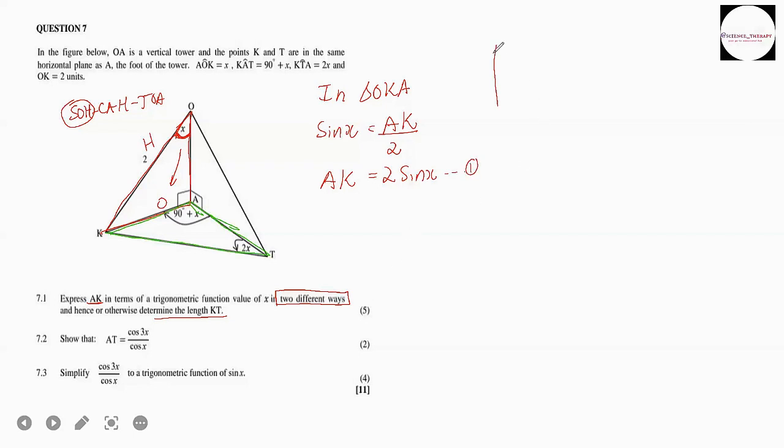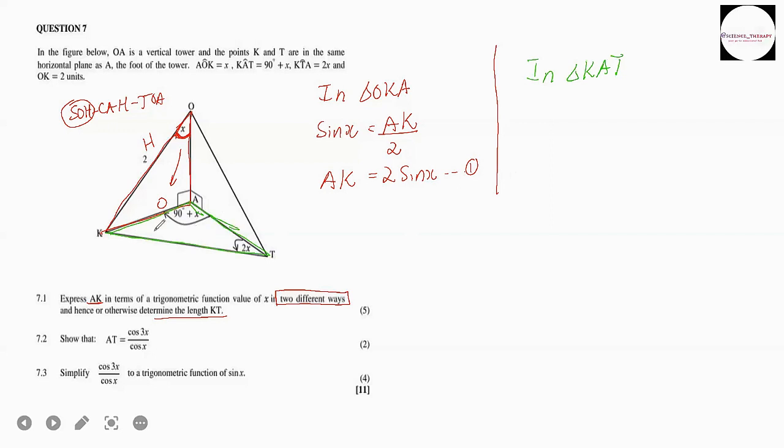But remember, we must express it in two different ways. So let's go to triangle KAT. Look at this now: this is a non-right angle triangle, so obviously we need to apply the sine rule.